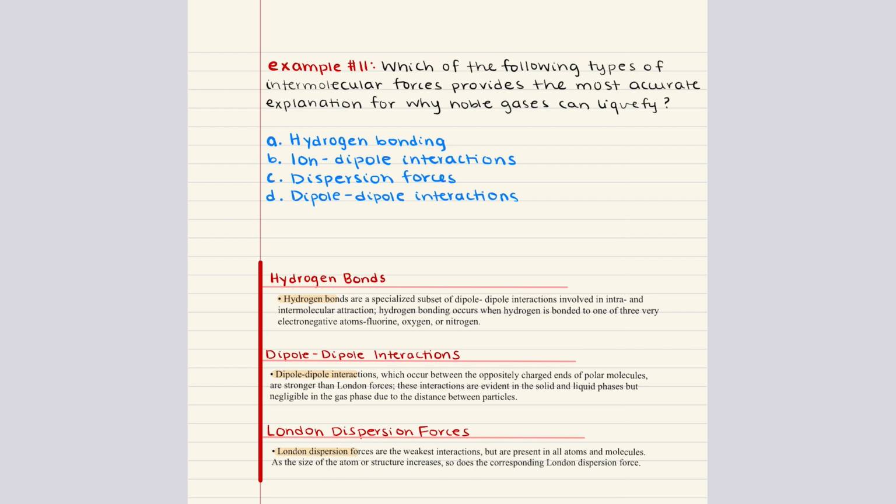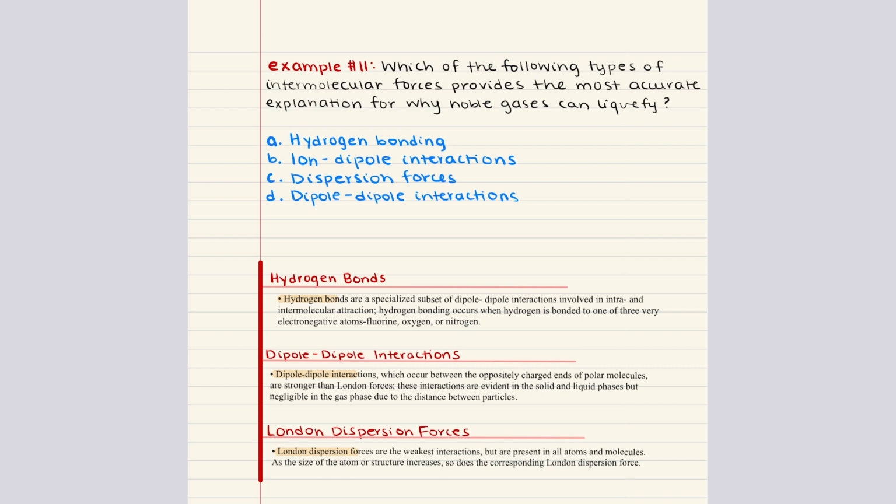Since noble gases are nonpolar, they're not going to form hydrogen bonds and they're not going to have dipole-dipole interactions under normal conditions. Now again, since noble gases are nonpolar and chemically inert, the only significant intermolecular force acting between noble gas atoms is dispersion forces.